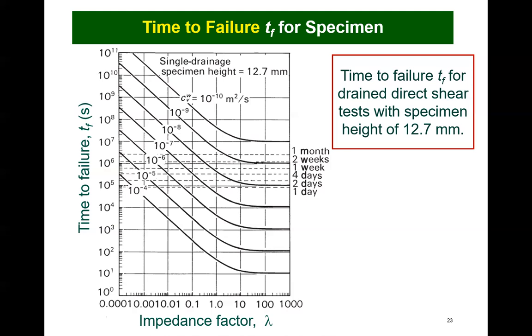The impeded analysis of flow through a soil specimen, 12.7 millimeters in thickness, is shown on this slide. The coefficient of consolidation shows how the permeability and the coefficient of volume change of a soil affect the time required to perform a shear strength test on an unsaturated soil.